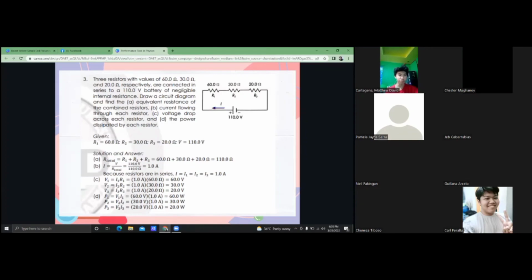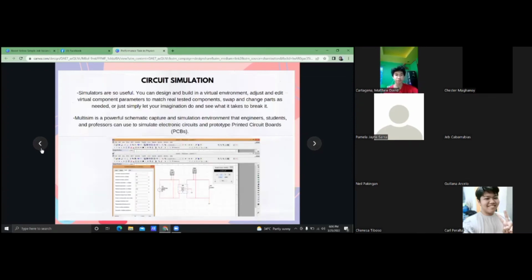Power 2 is equal to voltage 2 times current 2 is equal to 30 volts times 1 ampere is equal to 30 watts. Power 3 is equal to voltage 3 times current 3 is equal to 20 volts times 1 ampere is equal to 20 watts. And that's it for problem number 3.